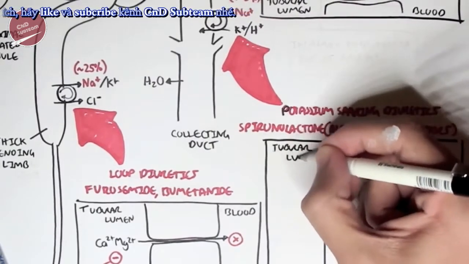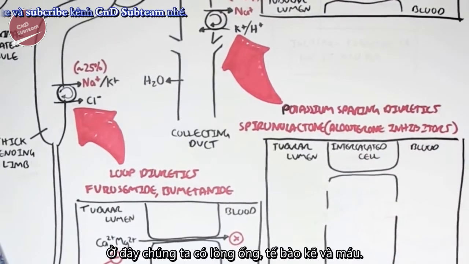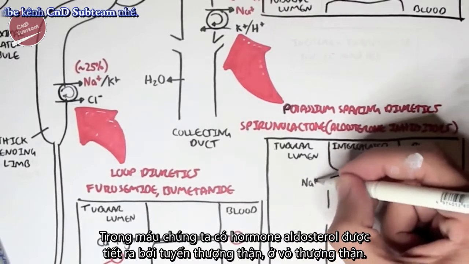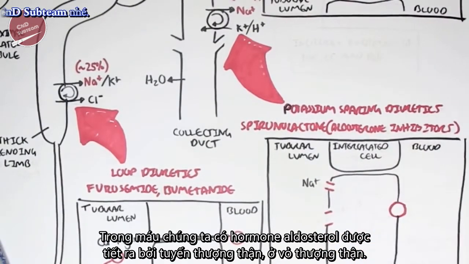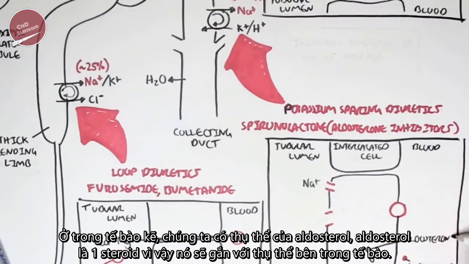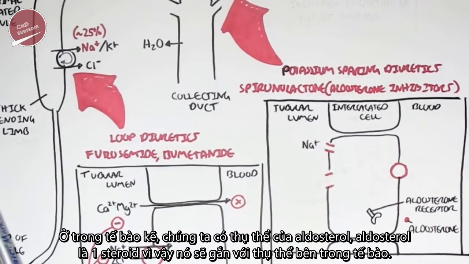So what happens is, normally, again, here we have the tubular lumen, intercalated cells, and the blood. Within the blood, we have the hormone aldosterone, which is secreted by the cortex of the adrenal glands. Within the intercalated cells, we have the aldosterone receptor. Aldosterone is a steroid, so it will bind to the receptor inside the cell.